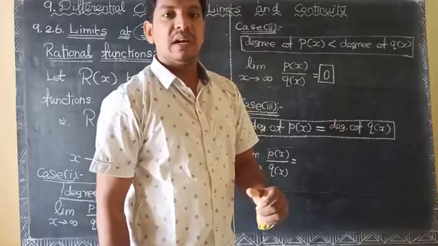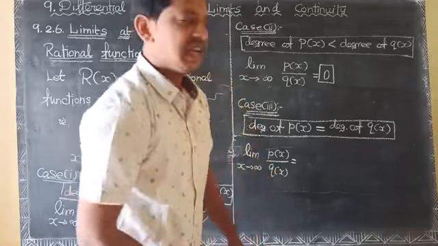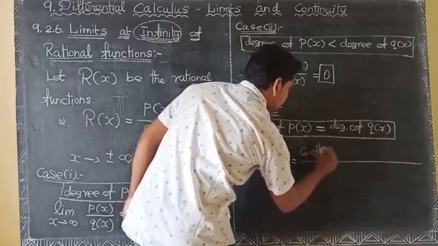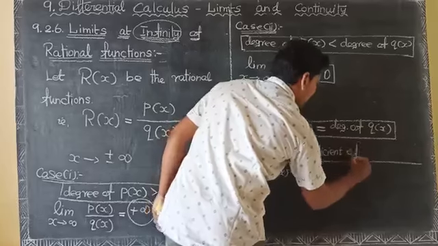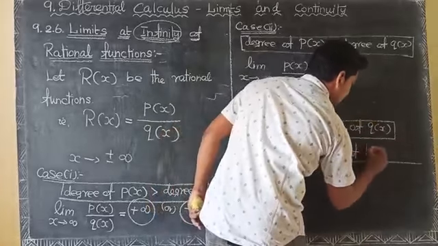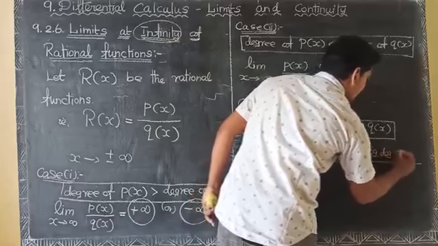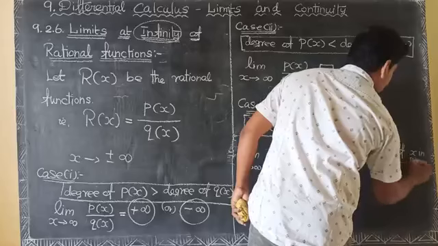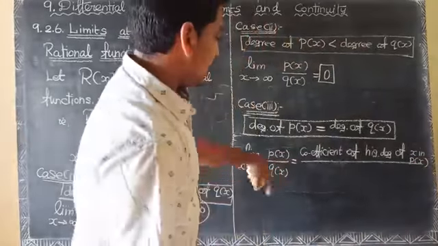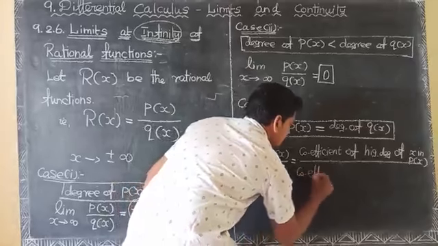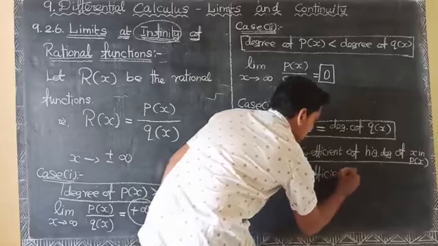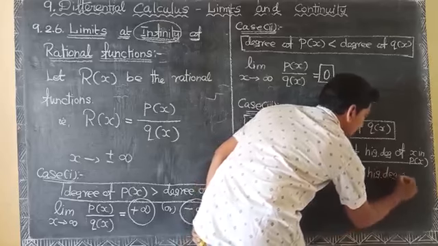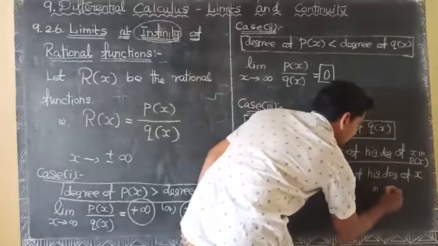the coefficient of the highest degree of x in p of x, then the denominator, the coefficient of the highest degree of x in q of x.